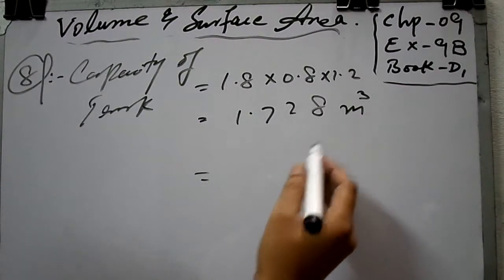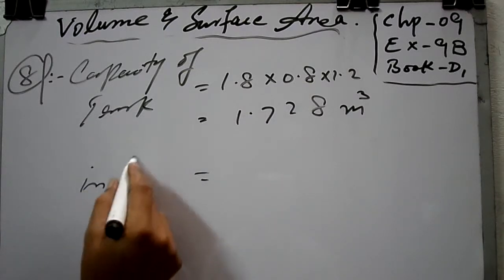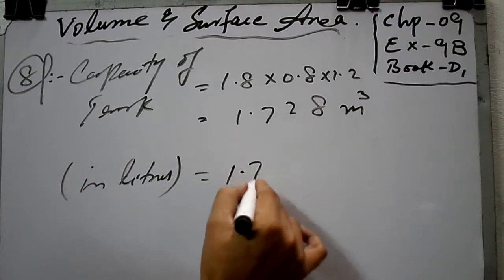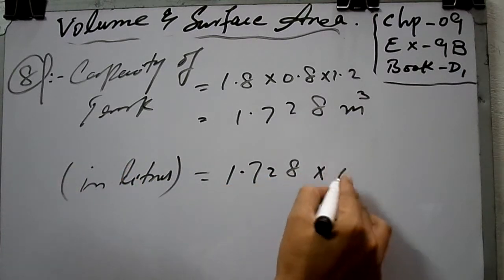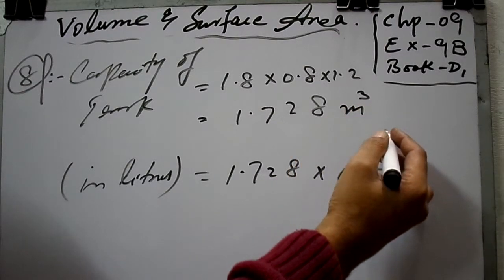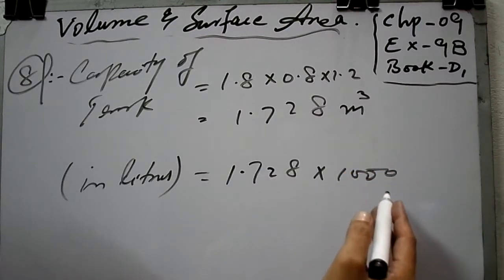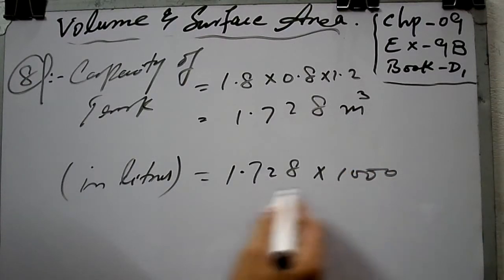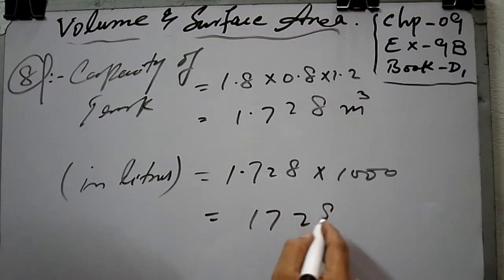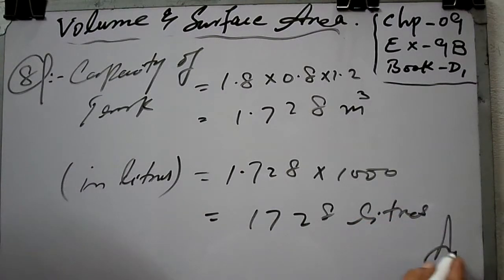I have to convert it into liters. So capacity of tank in liters is 1.728 multiplied by 1000, because 1 meter cube is equal to 1000 liters. After multiplication you will get the liters. So that is your answer.